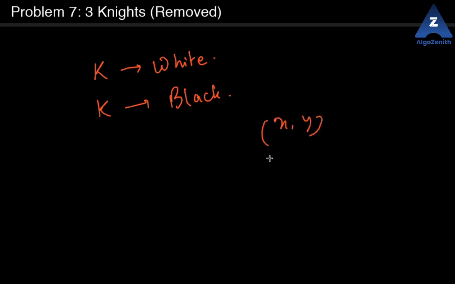So now notice that there is a very nice property on a chessboard. Let's suppose there is a knight on a white square, and there is a knight on a black square. Now from a knight we know that if you are at some x comma y, you can do plus minus 2 comma plus minus 1 moves and plus minus 1 comma plus minus 2 moves, right?